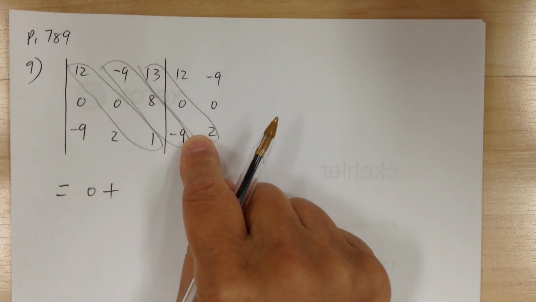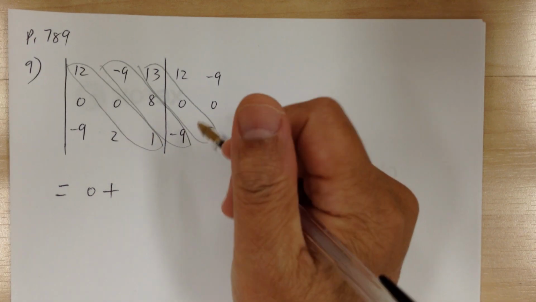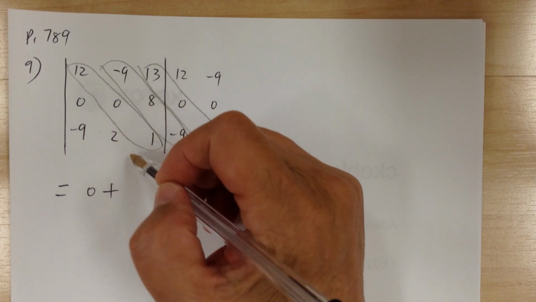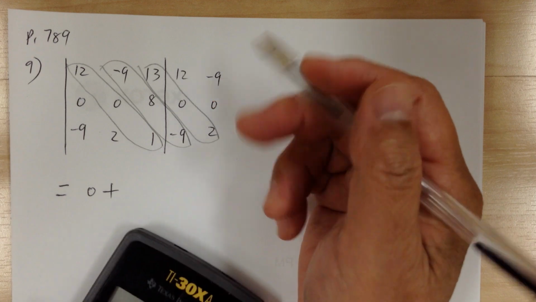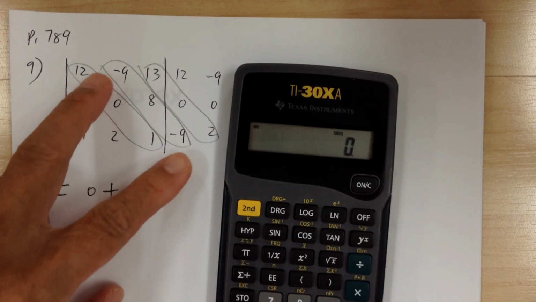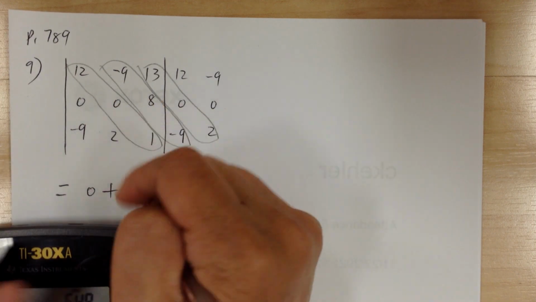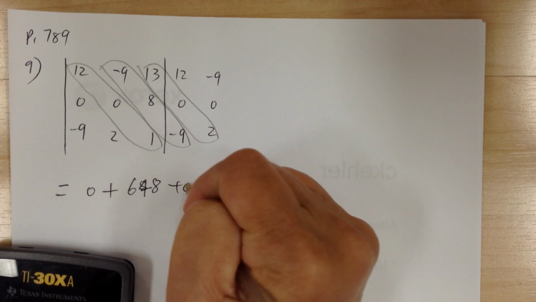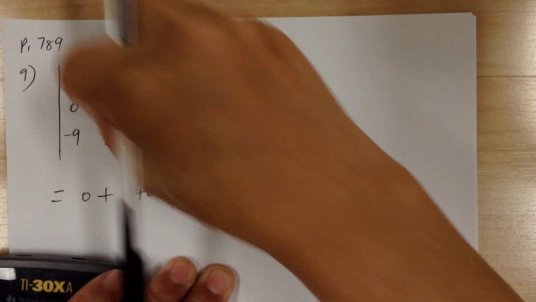Plus, okay, so this number is kind of big. Let me double check my copying. Okay, so 648 plus 0. Okay, so done with the positive column.